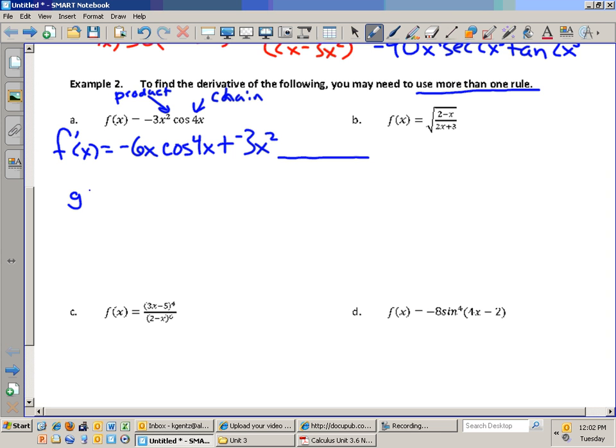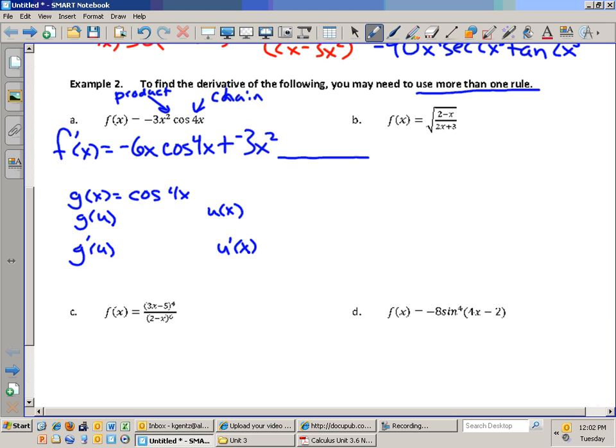I could say, all right, we'll say that g of x is equal to cosine of 4x. And I'll set it up: g of u, u of x, g prime of u, and u prime of x. And the better that you get at this, the less work you'll probably end up having to write down. But just for notation's sake, I renamed it so I wouldn't get confused with the f up there.